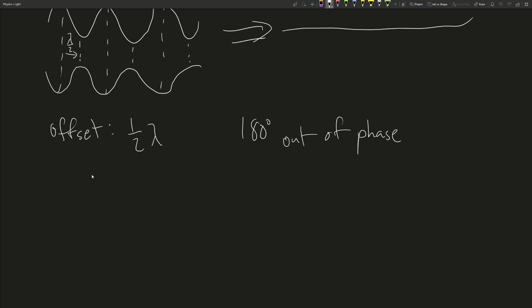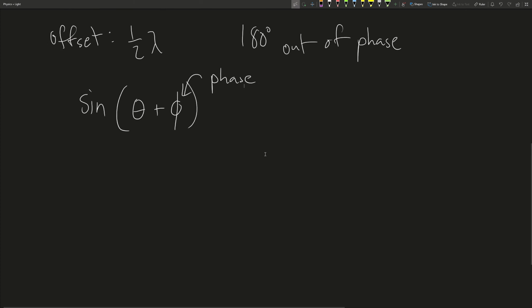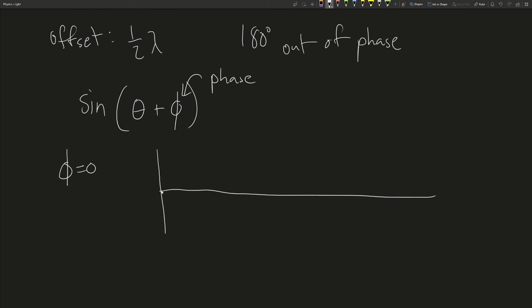If we write a sine function as sine of theta plus phi, where phi is the phase, then for phi equals 0, you just have the normal sine function.